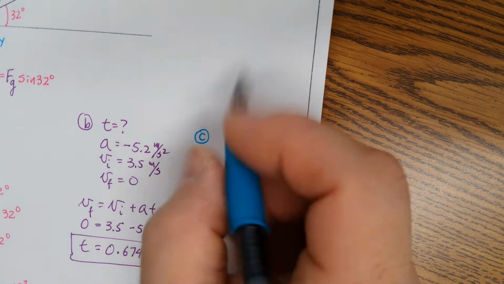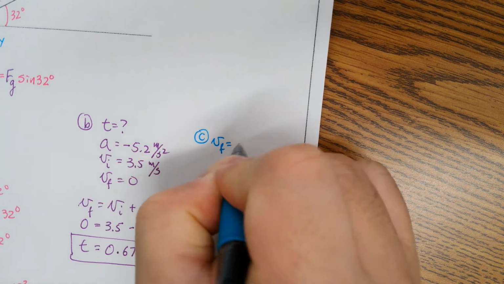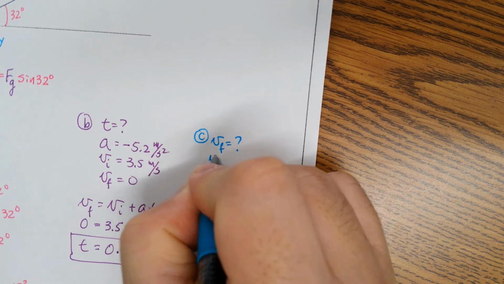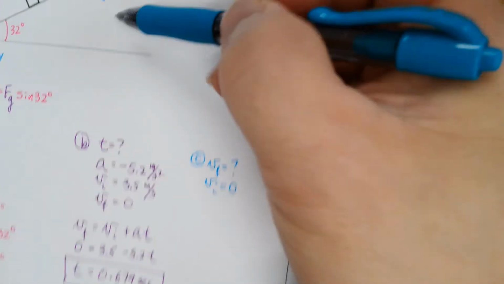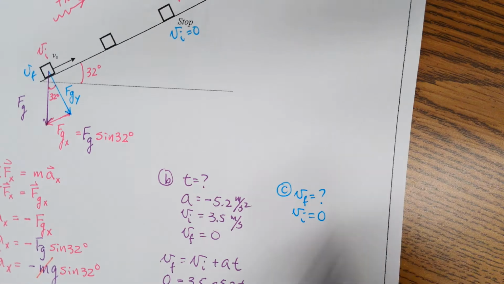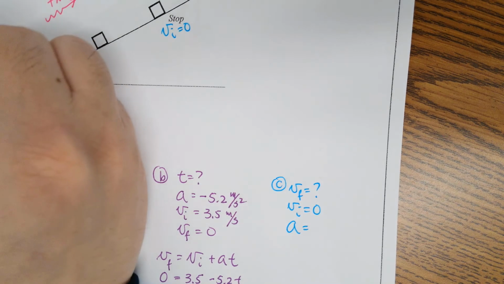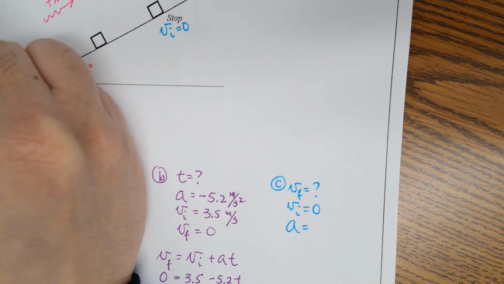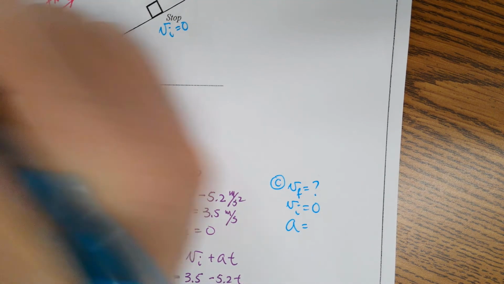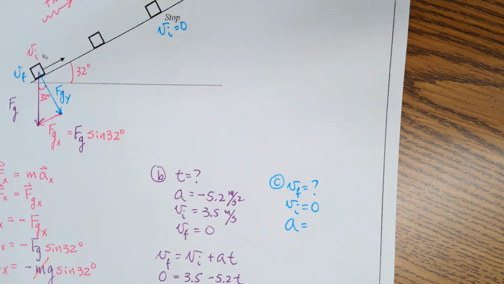And if you want to check it out, you can, because you know you're looking for VF. You know your VI is 0, because now this is your initial, and this is your final, right? And then we know the acceleration that's going to be bringing this down. Now we're going to consider this direction to be positive for part C, because this is the direction of motion, right?